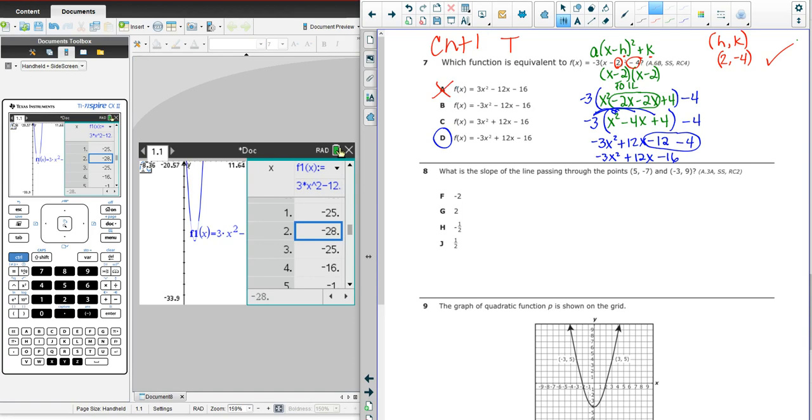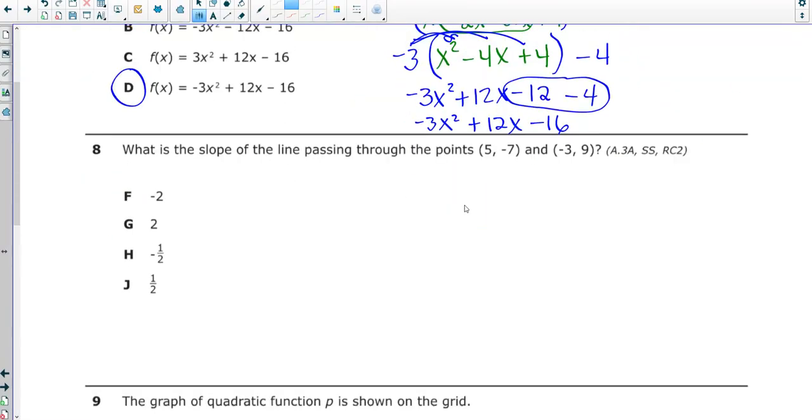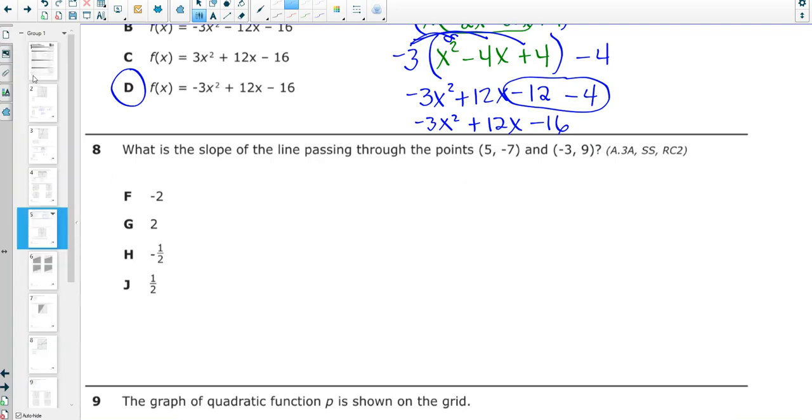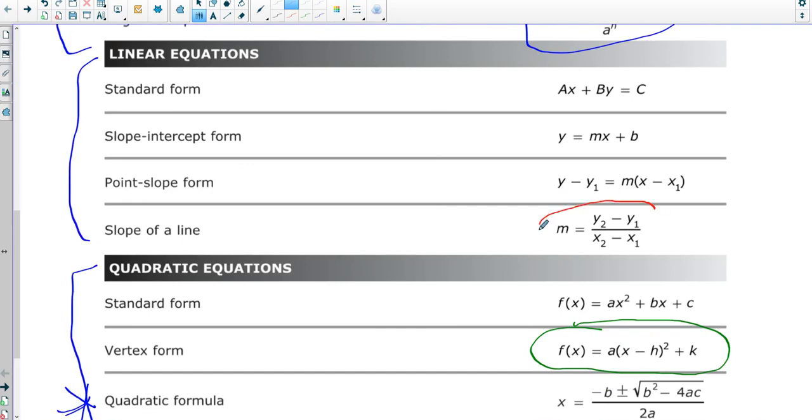Number 8 says, what is the slope of the line passing through the points 5 and -7 and -3 and 9? Okay, so here's where we would use the slope formula. Right here. It's in the formula chart. Slope of a line, y2 minus y1 over x2 minus x1.